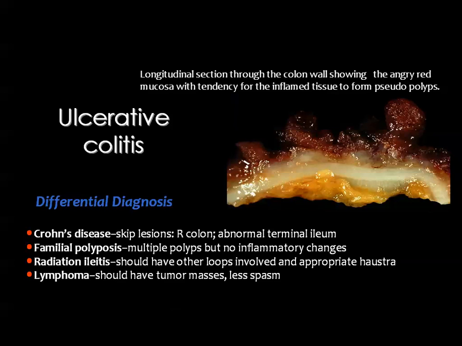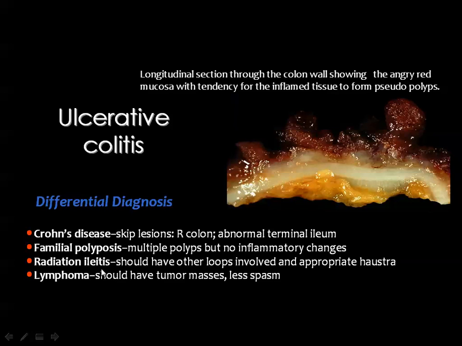Ulcerative colitis has to be differentiated from Crohn's disease, which usually affects the terminal ileum and may extend into the right side of the colon, and the skip lesions are one of the criteria. In familial polyposis, there are true polyps throughout the colon with no inflammatory changes.